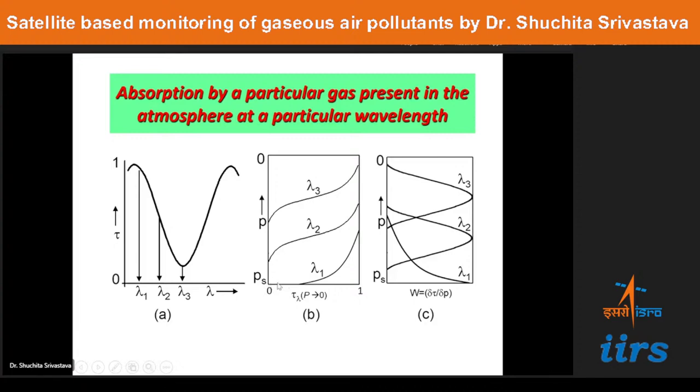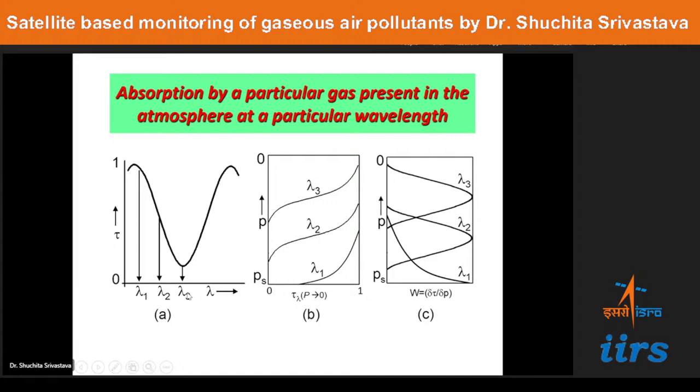A very small amount will be absorbed by the overlying atmosphere, and transmittance will quickly increase with increasing altitude, and very quickly in the atmosphere it will achieve value 1. This is the variation of transmittance with altitude or pressure. So here you can see it is increasing very rapidly, and very soon in the atmosphere it will reach value 1. Now consider λ3.